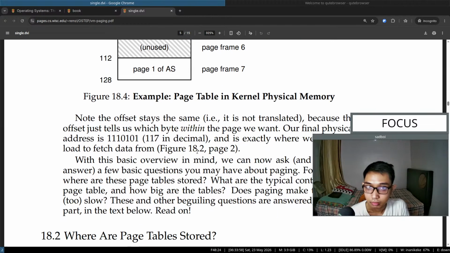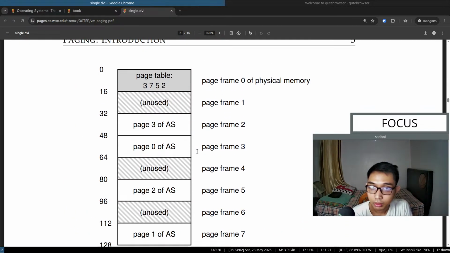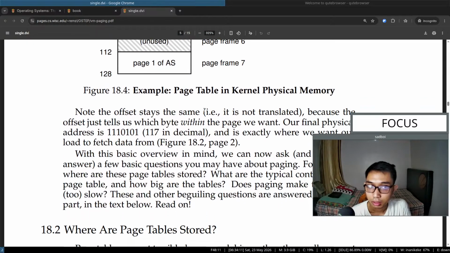And then, oh, page table in this. Okay, right. Alright.